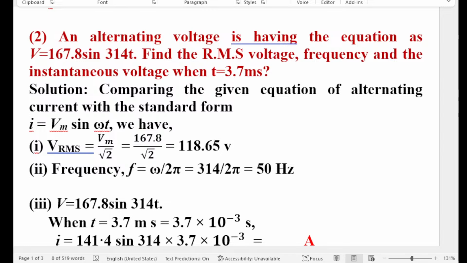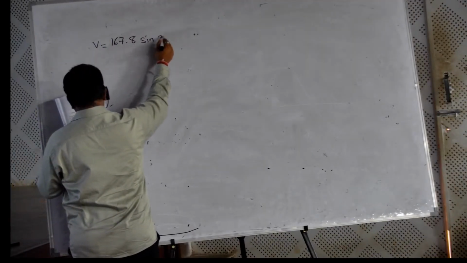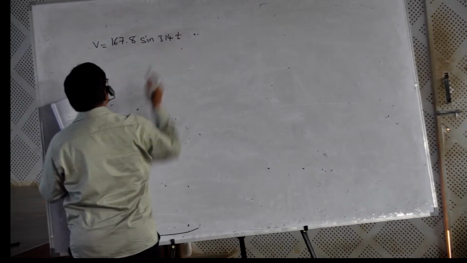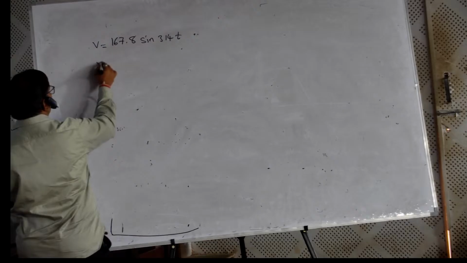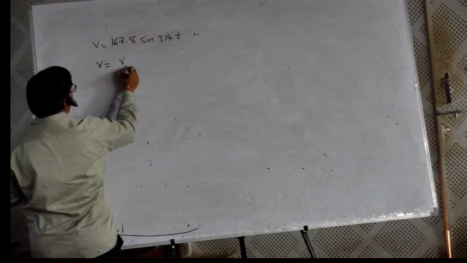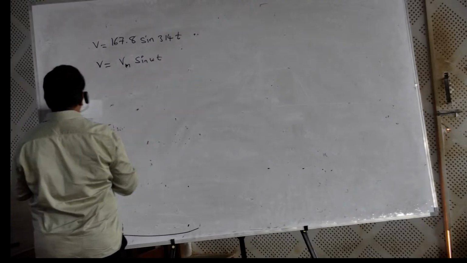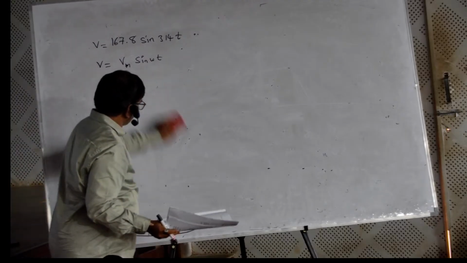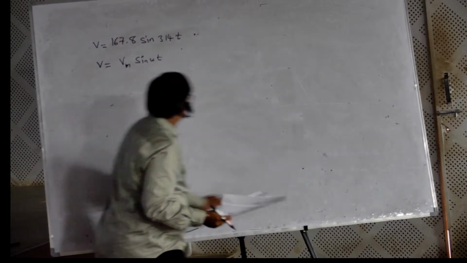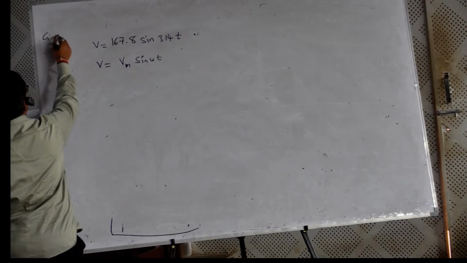V is equal to 167.8 sin 314t, and V is equal to Vm sin omega t. Compare this equation. This is the given data.